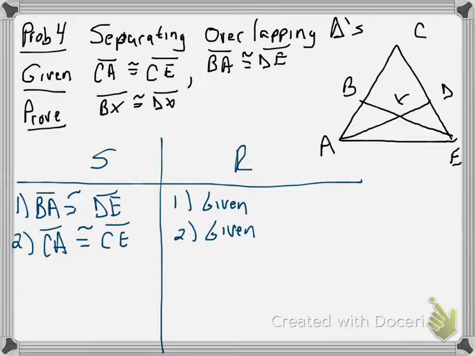So what does that really tell us? Well, we have CA congruent to CE. So the big triangle, triangle CAE, is an isosceles triangle. So that tells us that if we look at the two small triangles, BAE, let me draw them over here to the right.